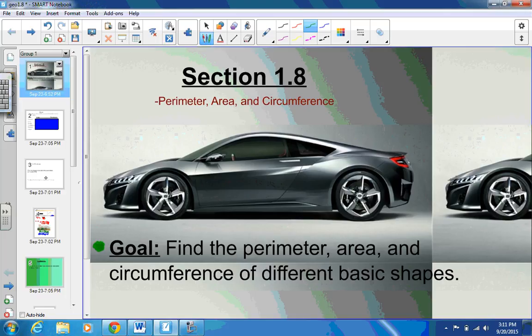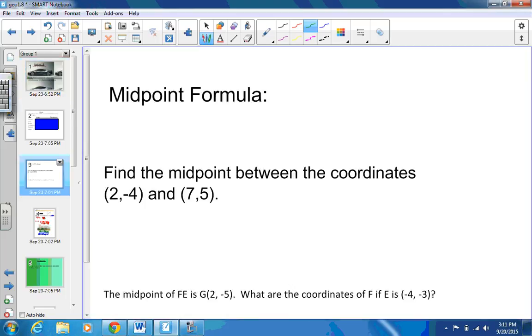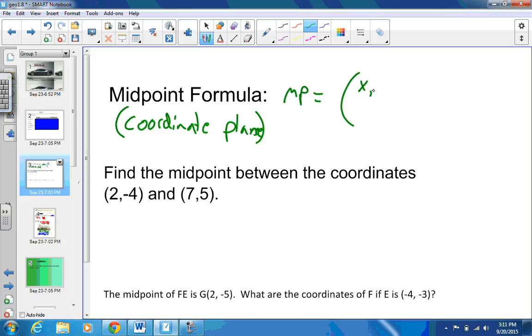Let's just start with a quick review. Midpoint formula of a coordinate plane. All right, that formula was your x1 plus x2 divided by 2, and then your y1 plus y2 divided by 2.